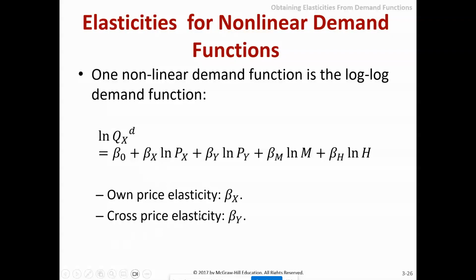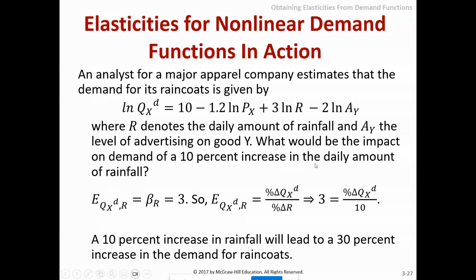And the cross price elasticity is the coefficient in front of the natural log of price of Y, beta Y. And what is the income elasticity? It is the coefficient in front of the natural log of income.